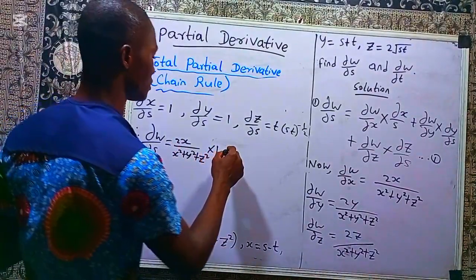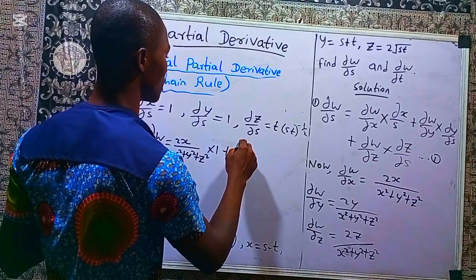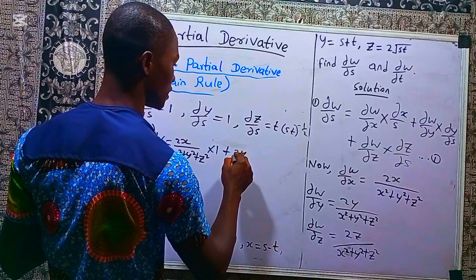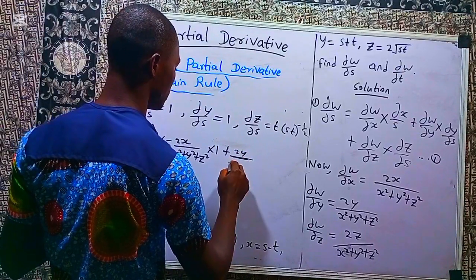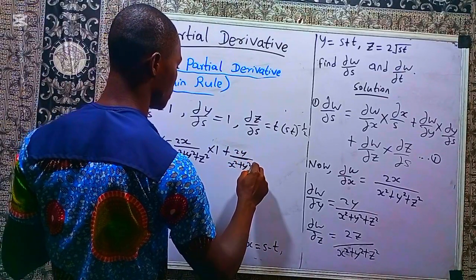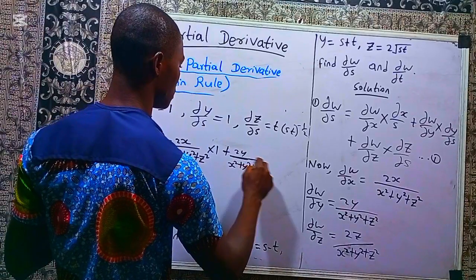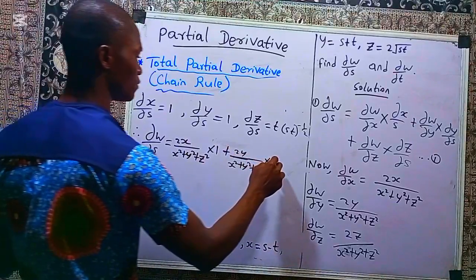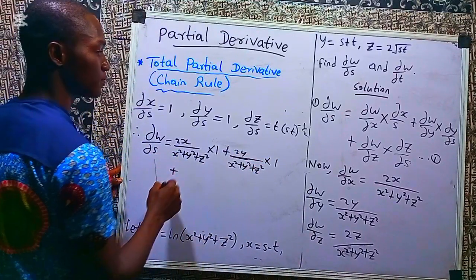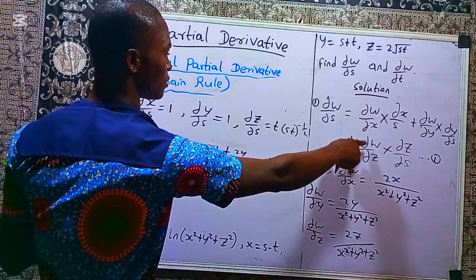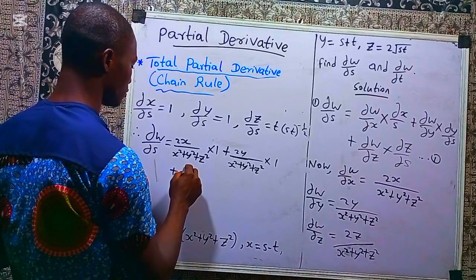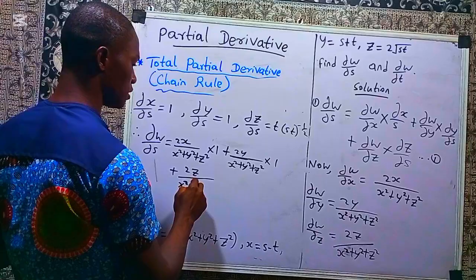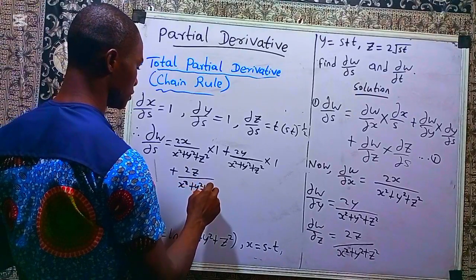Plus partial w partial y, which gave us 2y divided by x squared plus y squared plus z squared, times partial y partial s, which is 1. Plus partial w partial z, which gives us 2z divided by x squared plus y squared plus z squared.